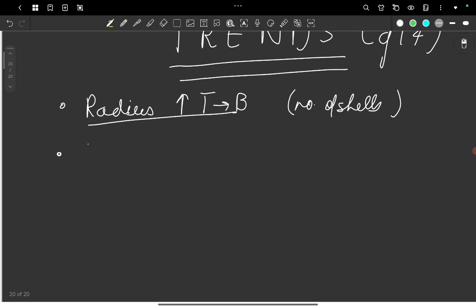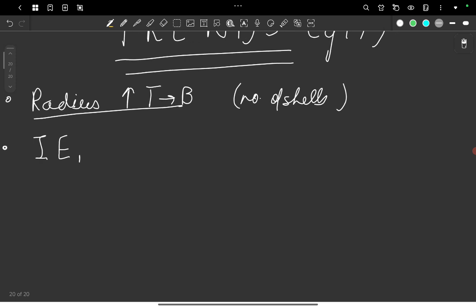Now, its ionization enthalpy follows a weird pattern. It drops from carbon to, wait, I'll use blue color to write this, so if you download the PDF it will be clearer to you.